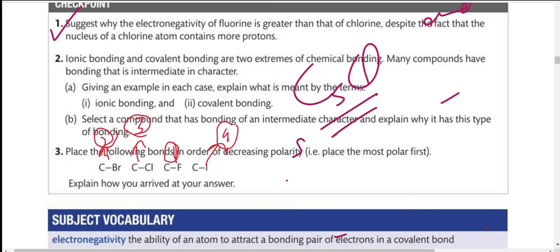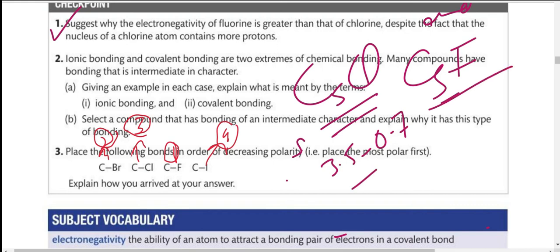Or you can take CsCl, cesium chloride. Chlorine is 3.5, so 3.5 minus 0.7, and for cesium fluoride 4.4 minus 0.7. The result from 3.5 is 2.8, I guess, and 4.4 minus 0.7 is 3.3.